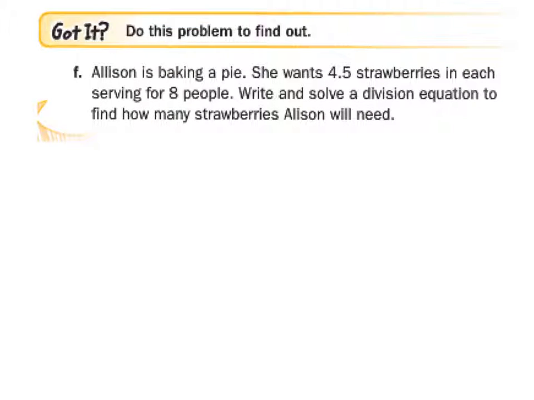So let's give it a try. Allison is baking a pie, and she wants 4.5 strawberries in each serving for 8 people. Write and solve a division equation to find out how many strawberries Allison needs. So if we start here with our fraction bar, and it equals, there needs to be 4.5 strawberries in each serving for a total of 8 people.